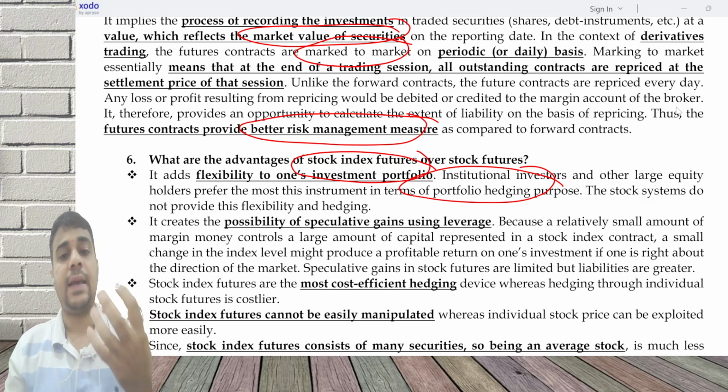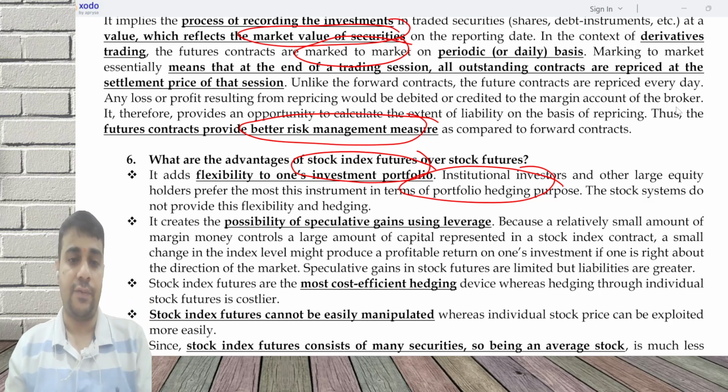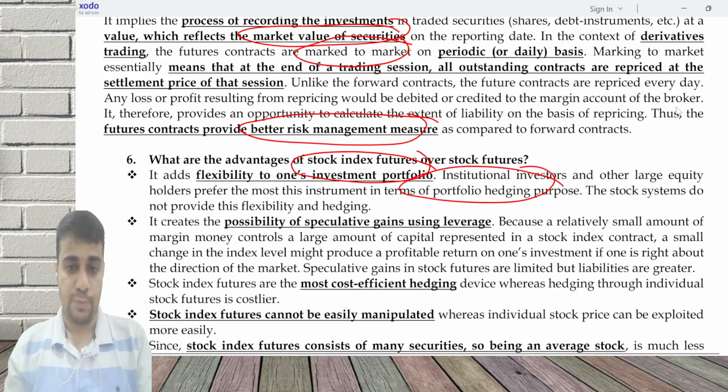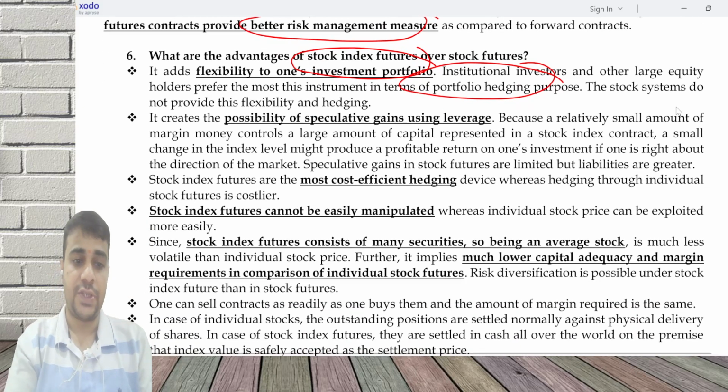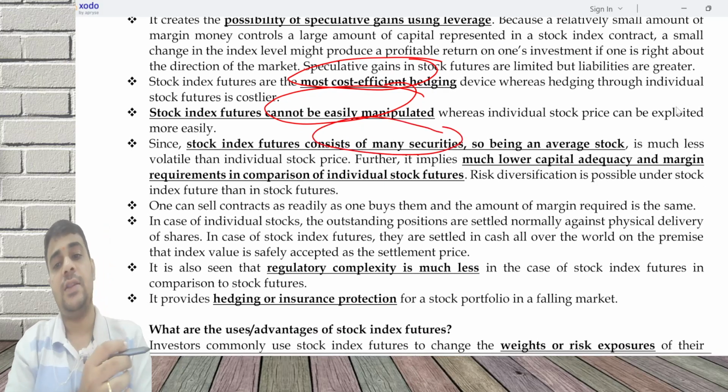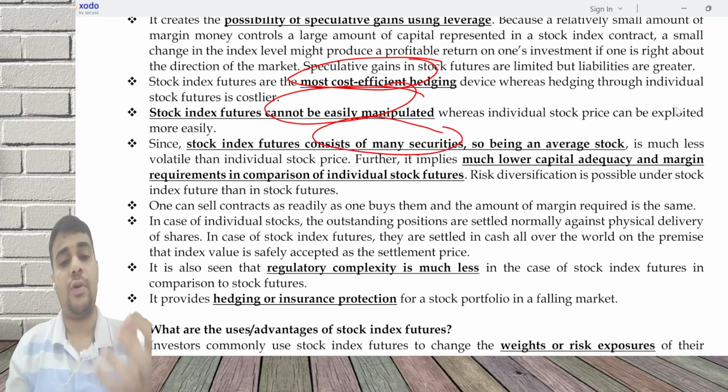So people can make a lot of speculative gains using leverage, meaning giving a smaller amount and taking a position on a huge exposure. Cost-efficient hedging is possible, it cannot be easily manipulated, and it consists of many securities, because of which the capital or margin requirement is on the lesser side.